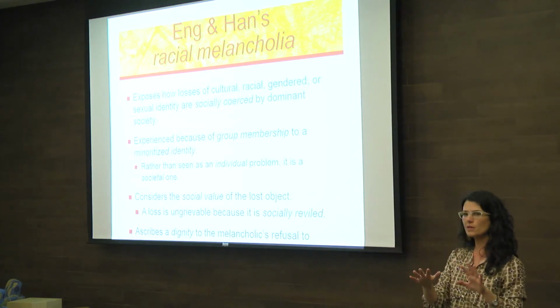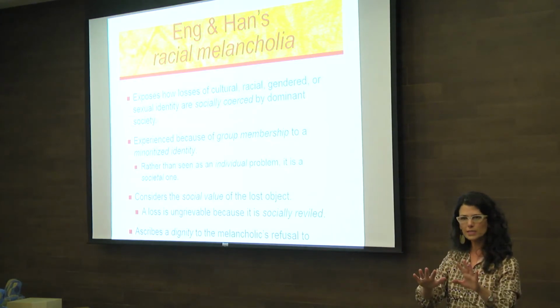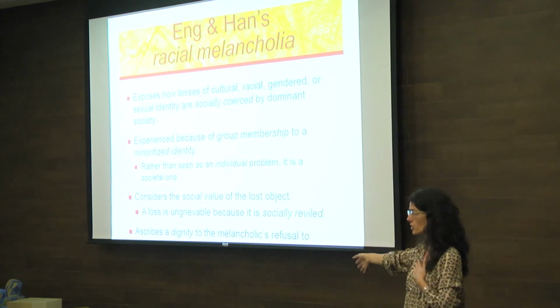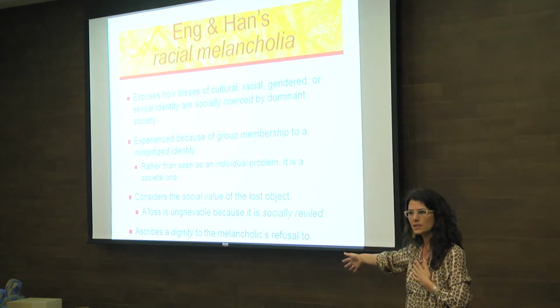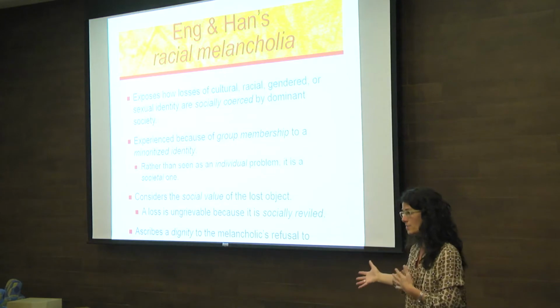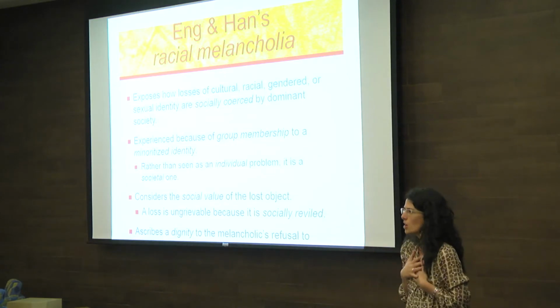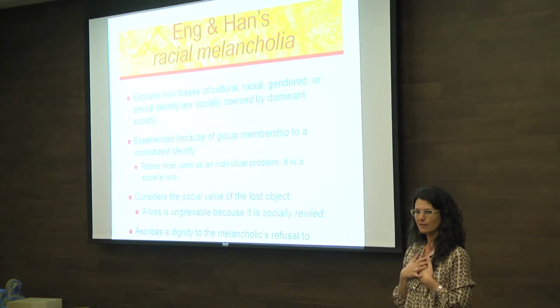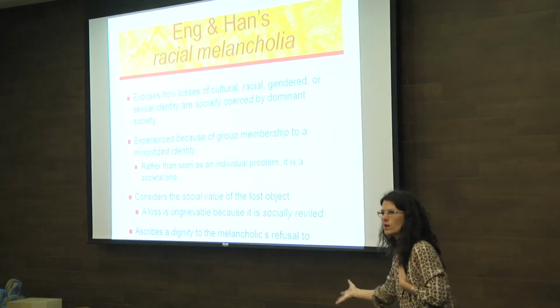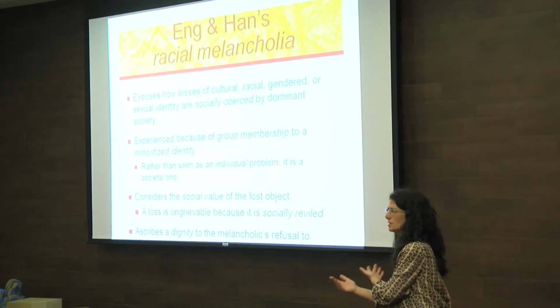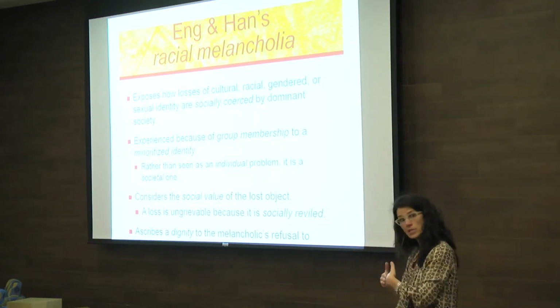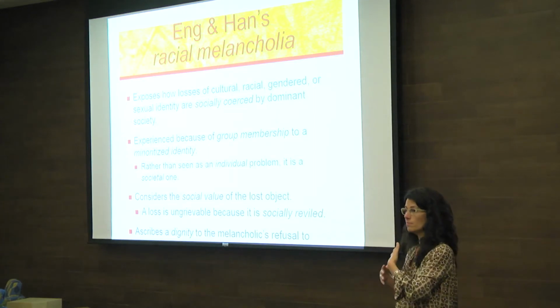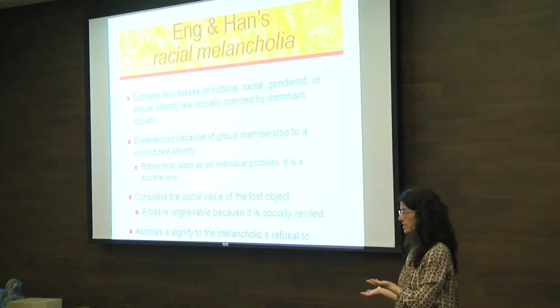And the example they give is in the 80s during the AIDS crisis. If I lost a partner in the AIDS crisis, they died because of it, my loss is not appropriate, right? Because why would I mourn this loss? This is a socially reviled union, and at the time, members of the gay community were being blamed for AIDS, right?